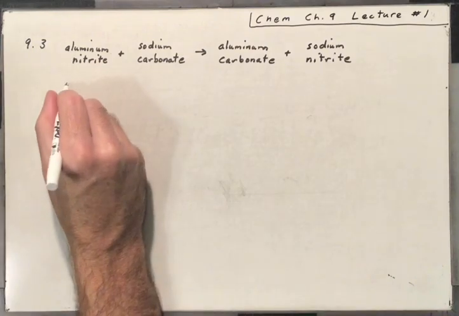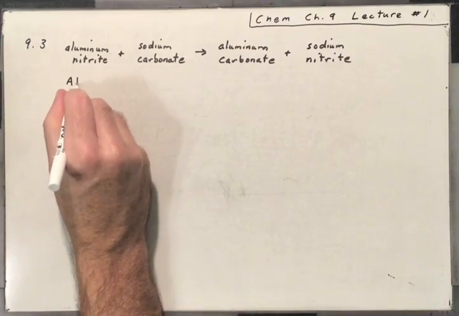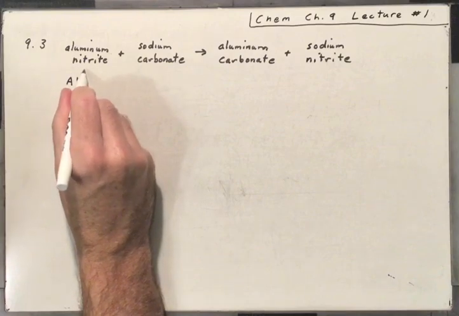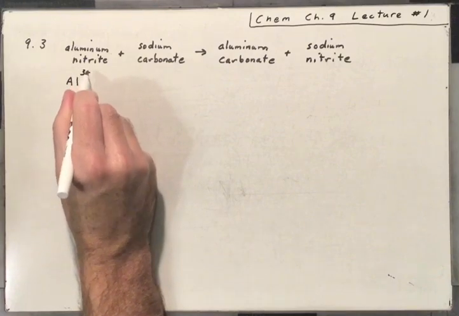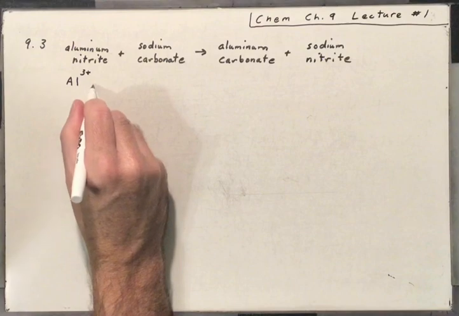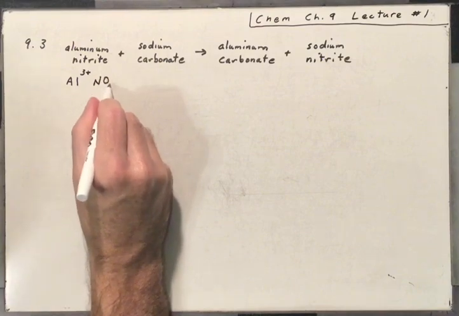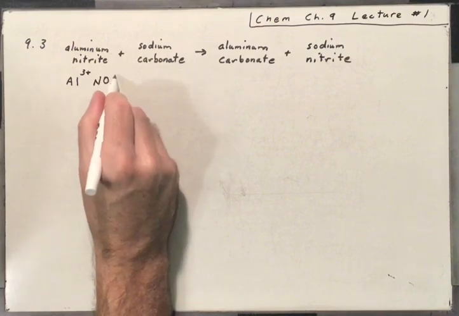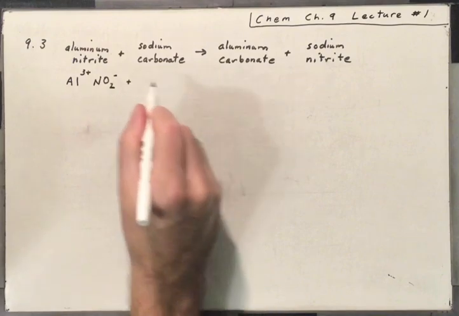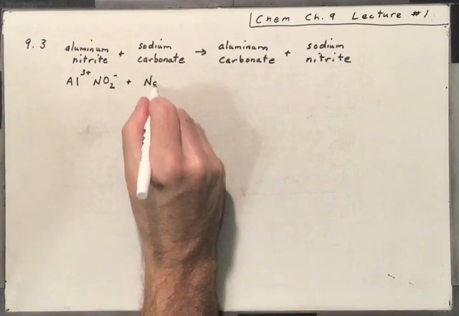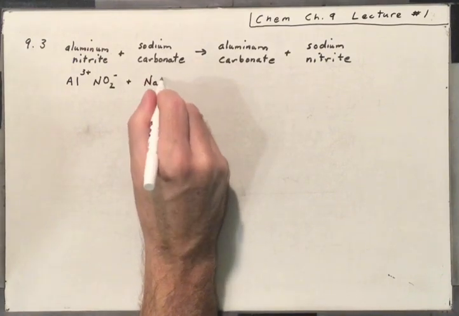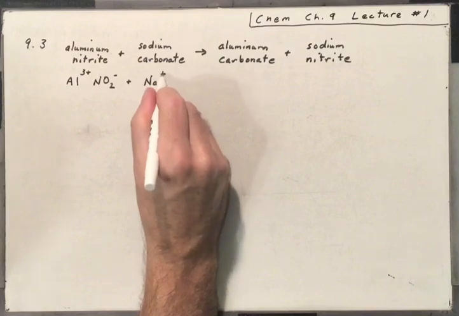Well, first of all, we have to get the proper compound. Aluminum, we've talked about that quite a bit. In column 3, it's a metal, 3+ charge. Nitrite, if you look on page 1 of your notes, look in the table, it's NO2-. Sodium's in column 1, right? So it has a plus charge.